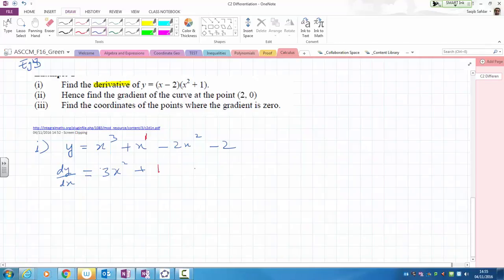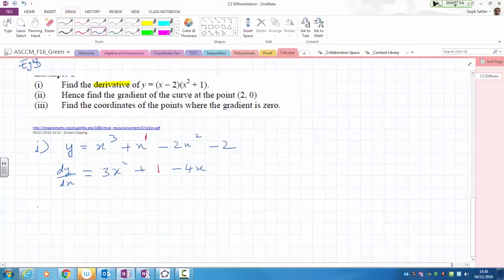Next term, James. So it'd be minus 4x. Excellent. The last term, Jan. 0. Excellent. So then we worked out the gradient.